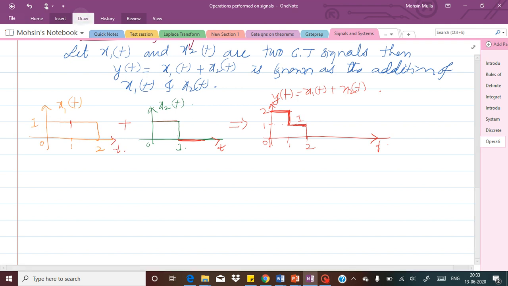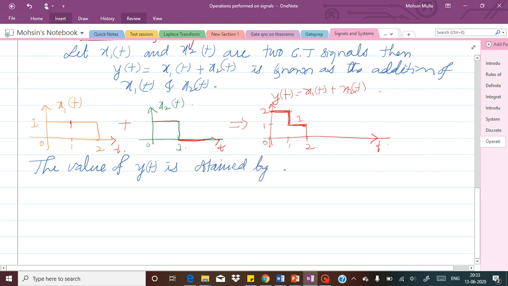Okay, so now we can describe this as: the value of y of t is obtained by adding the values of x1 of t and x2 of t for all t.